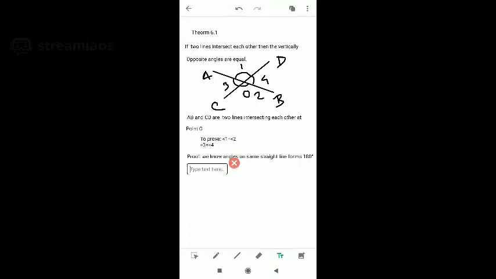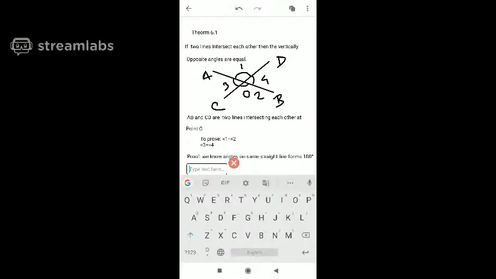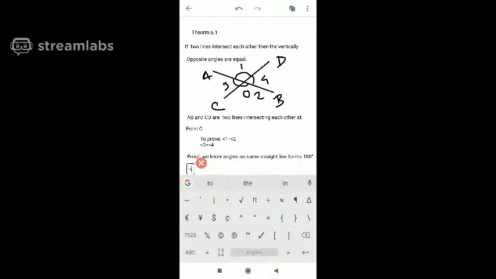We can write angle 1 plus angle 3 is equal to 180 degrees. You can take any angle: 1 plus 4 also can be taken, 2 plus 3, or 2 plus 4. I am taking 1 plus 3 equal to 180 degrees, and I am going to mark this as equation number 1.